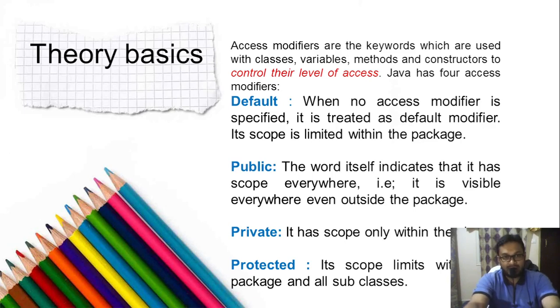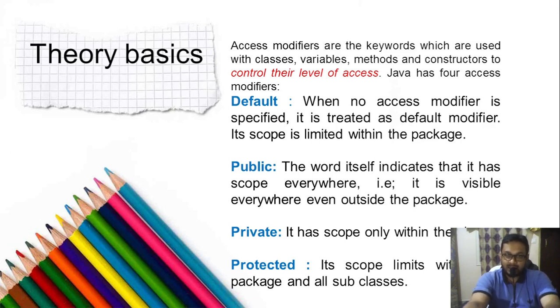We have 4 types of the access specifiers in Java. The first one is the default access specifier. Default access specifier is, when you write int a = 100, by default it comes by the Java compiler as a default access specifier. The default modifier can be used only for the package. For a class, you're not supposed to even write down anything like the default keyword, then it will throw an error.